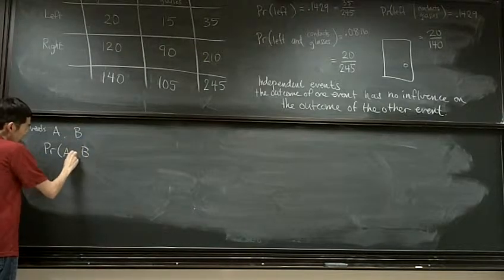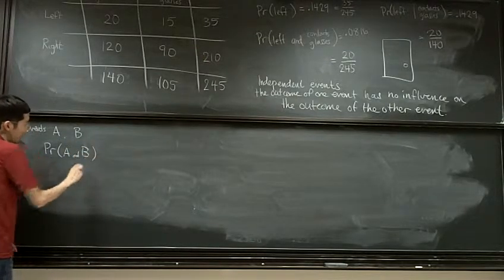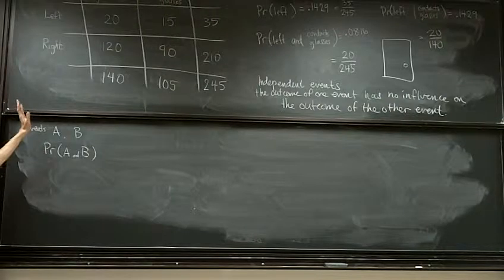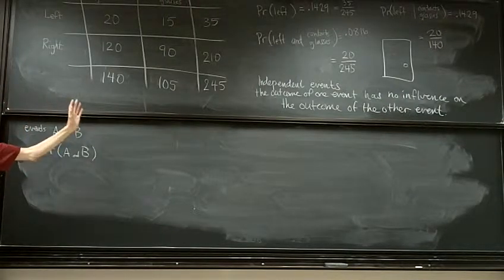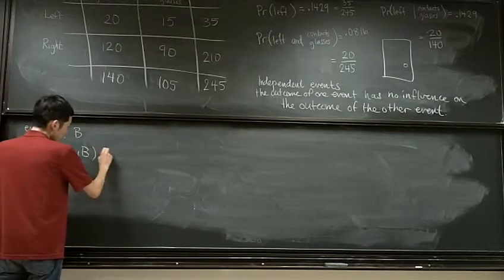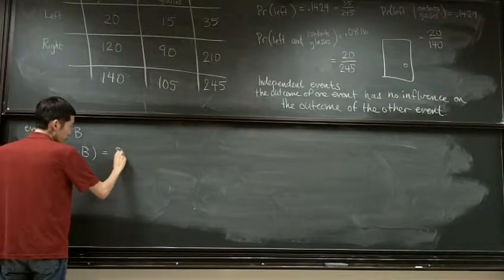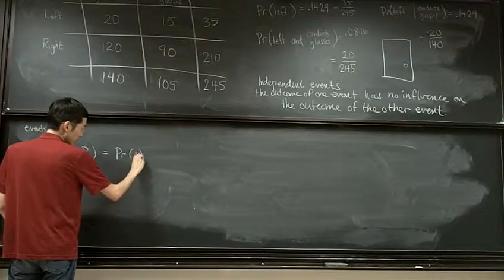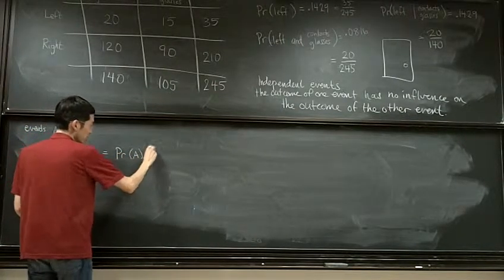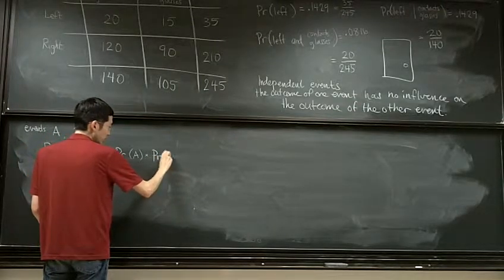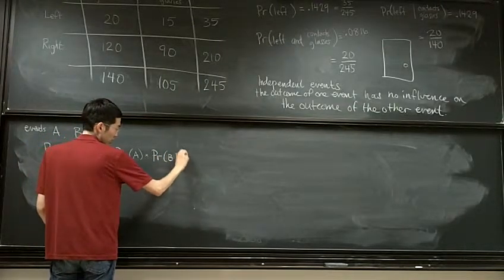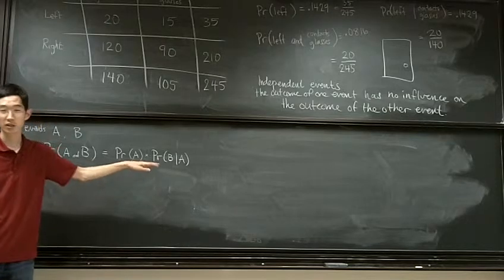We write this the same way. We say, what's the probability of A and B? But this is basically, what's the probability of A and then B? Well, this is equal to the probability of A times the probability of B given A.